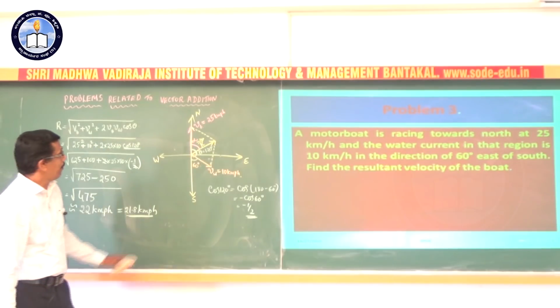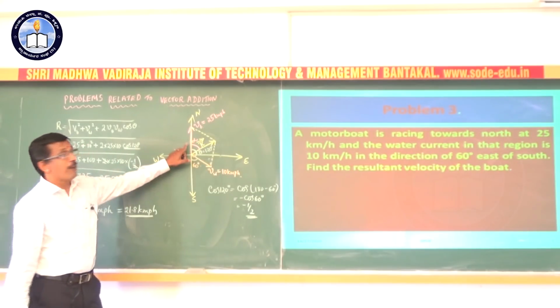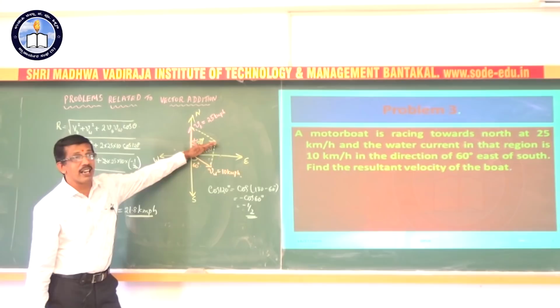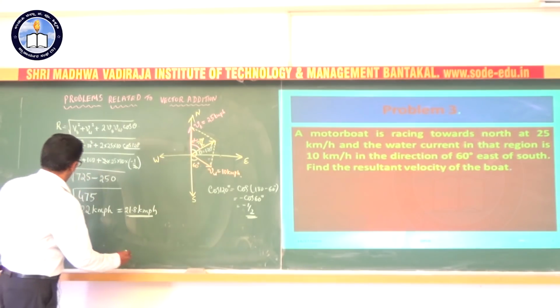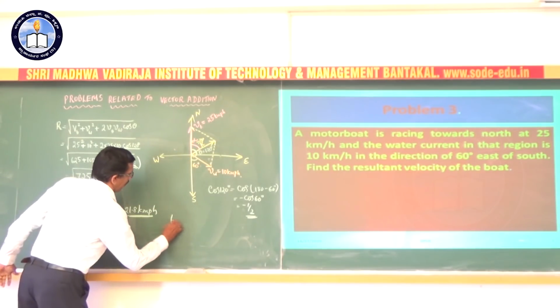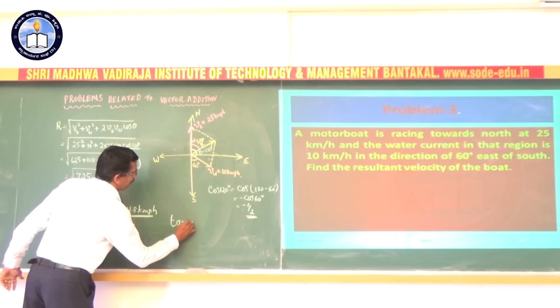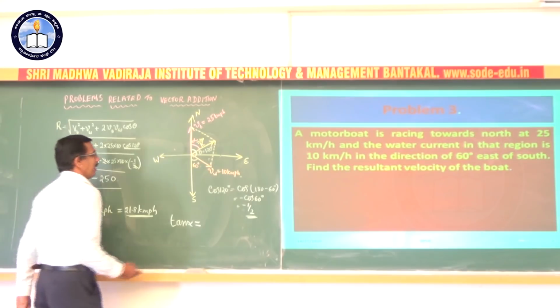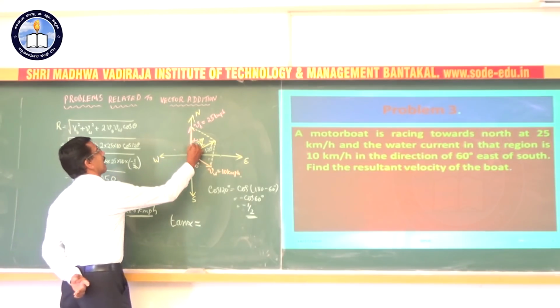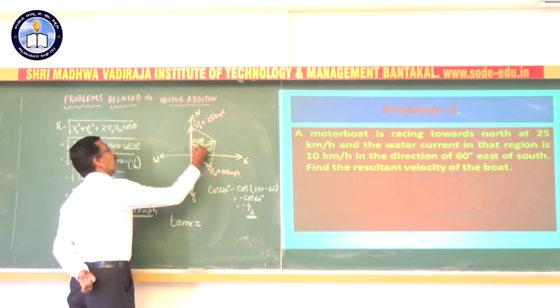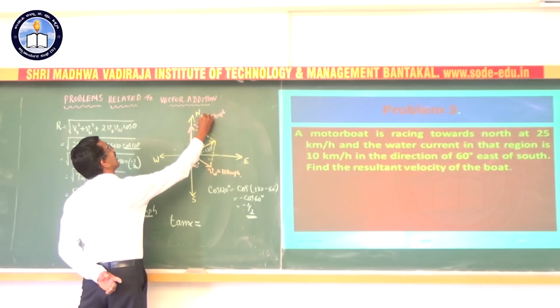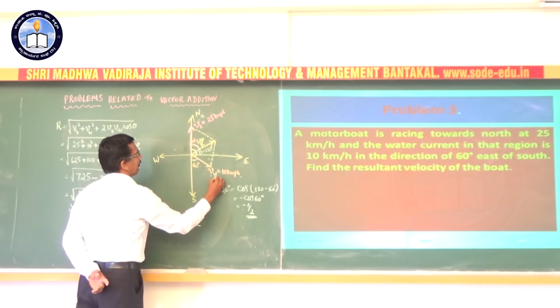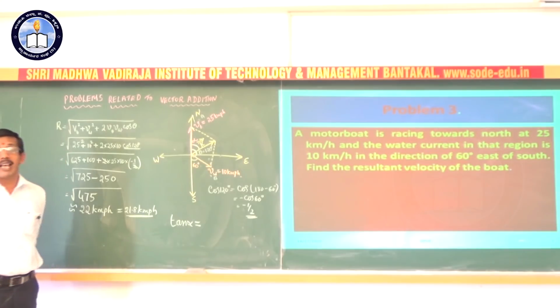Now, to find the direction of the resultant, we make use of tan alpha is equal to, here we want this angle. So this is vector A, this is vector B. What is the formula for tan alpha?